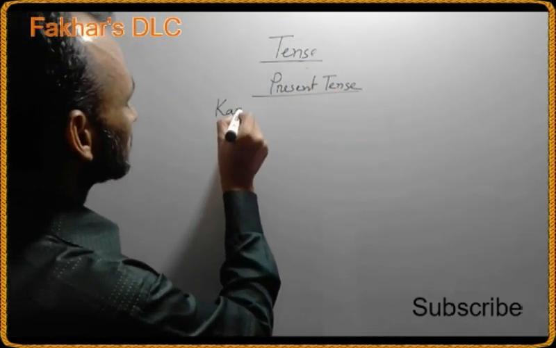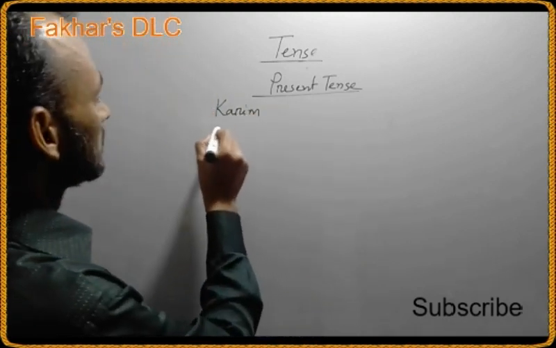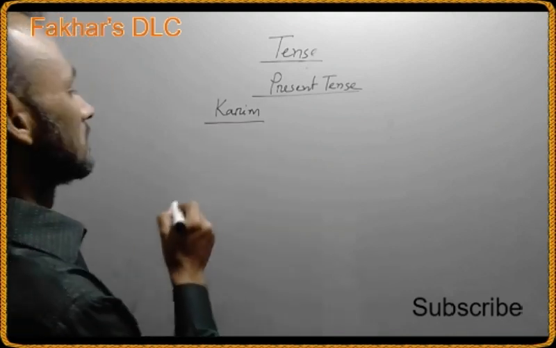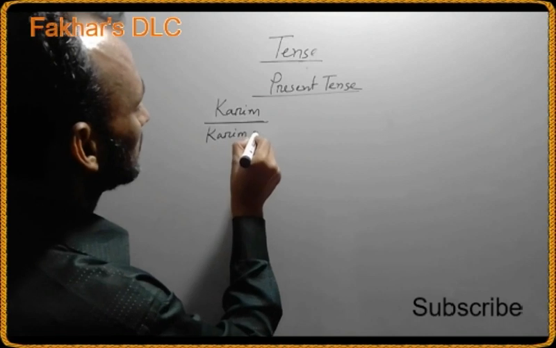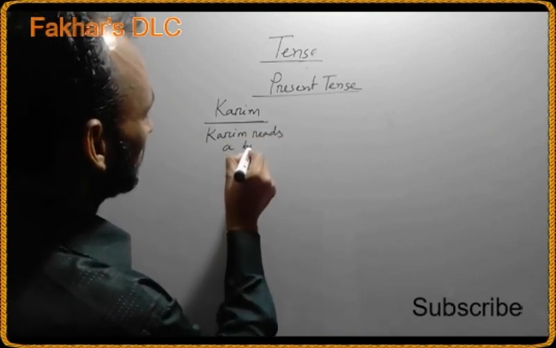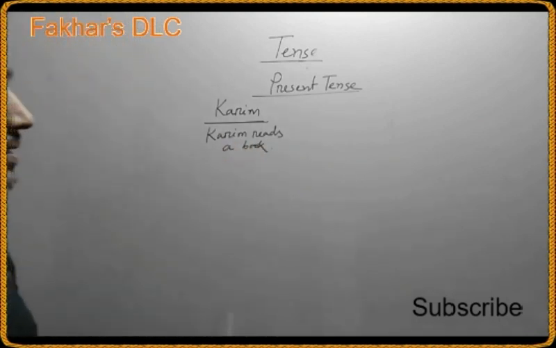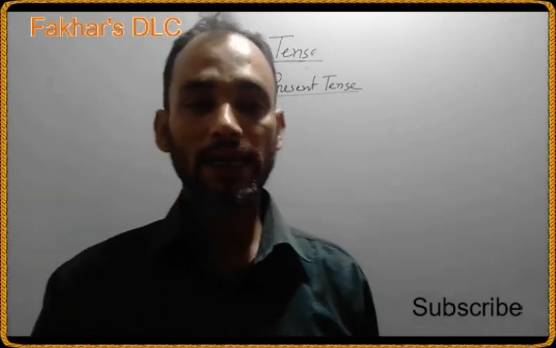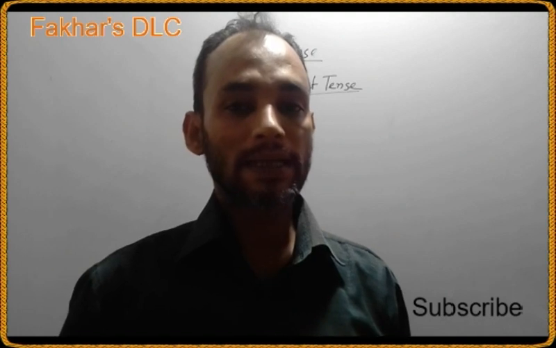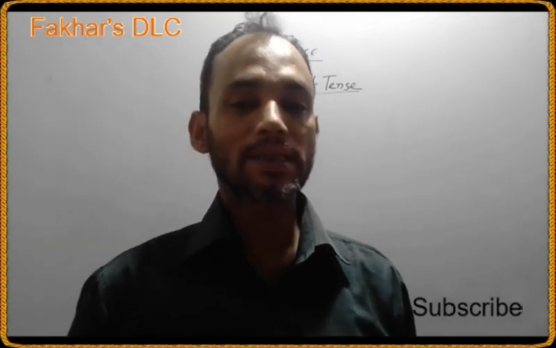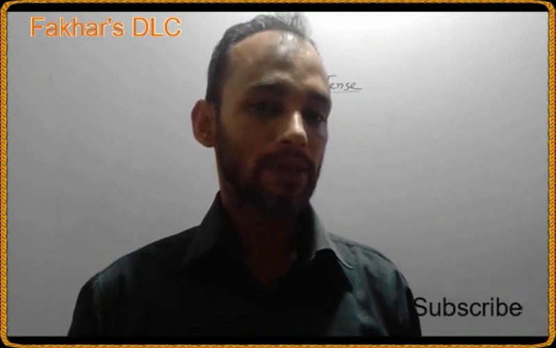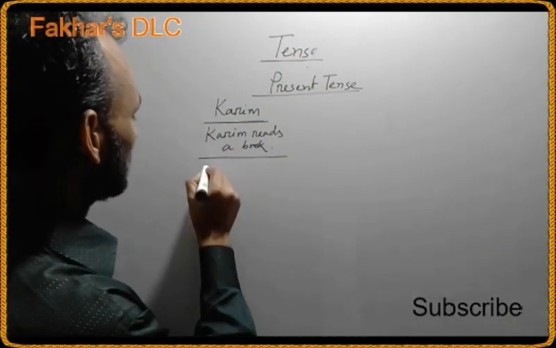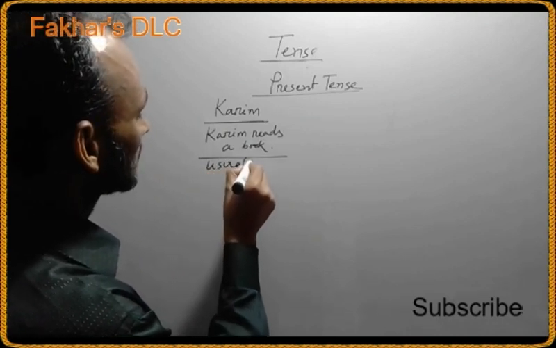Suppose today Karim reads a book. Karim reads a book, but he doesn't read only today. It's his habitual, usual activity that Karim reads a book. Such kind of activity is usual or habitual.